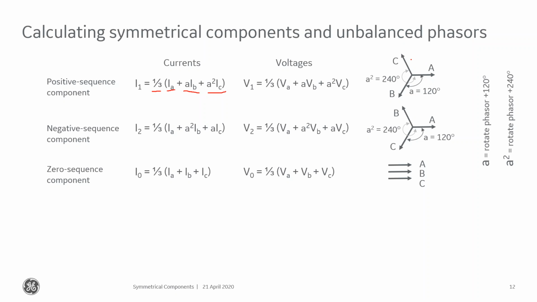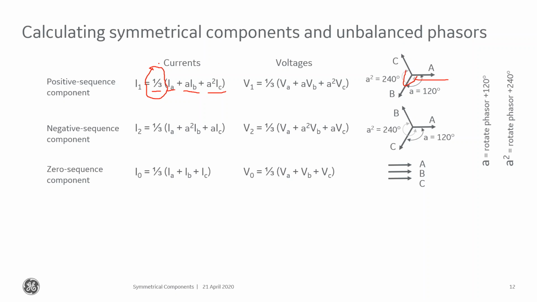So if this is my balanced three-phase system, A, B, and C, I'm going to shift B by 120 degrees. So that puts B right here. And I'm going to shift C by 240 degrees. So I'm going to shift it sitting right over here. That puts B and C phase in phase with A. And I sum those together. If they are 1 per unit, that sum is 3 per unit, which is why we have the 1/3 here.